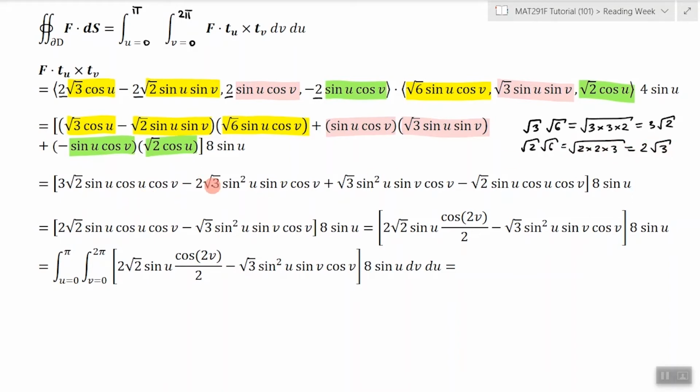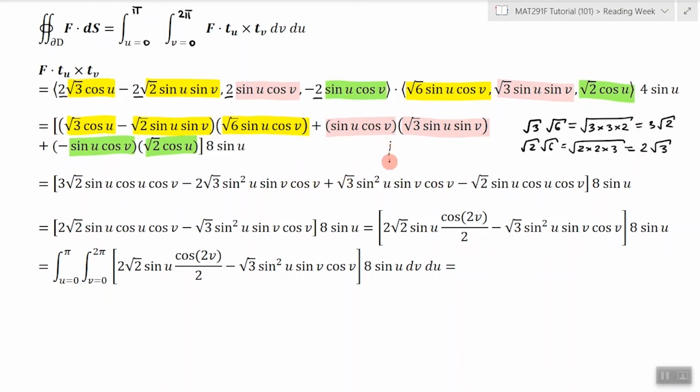That's how I got this. So then I have sine u, this gives me sine squared u, I have sine v, this is what I have here, and then I have cosine v, and that's what I wrote here. Then I have this term. This is what I have here.